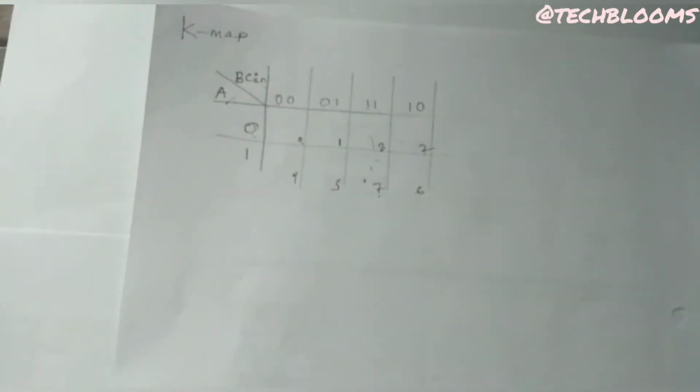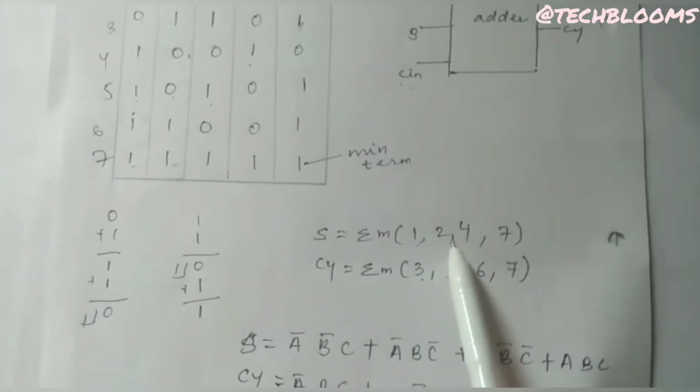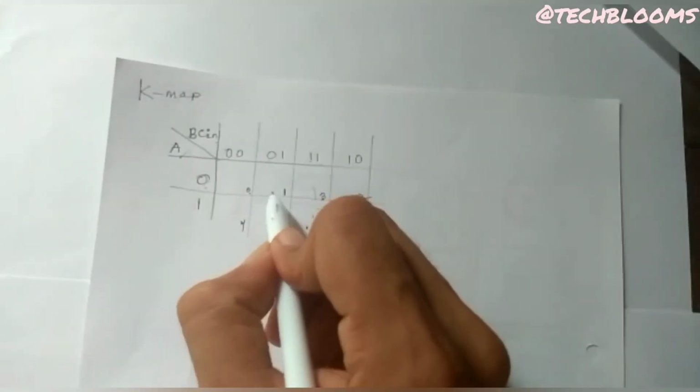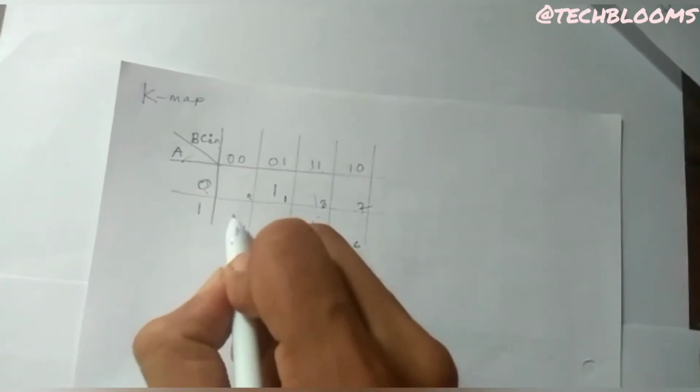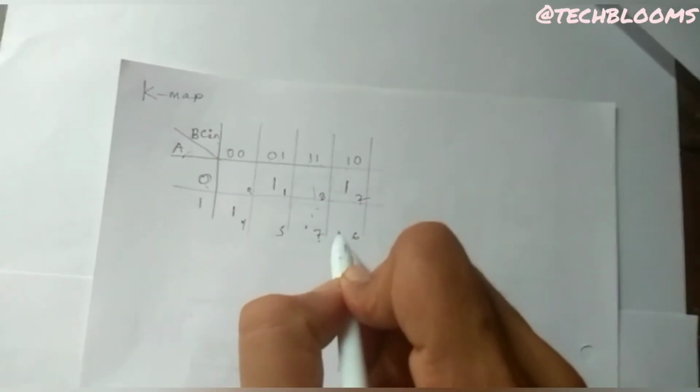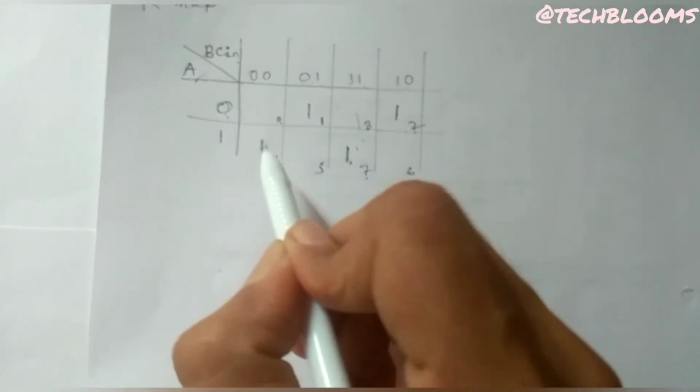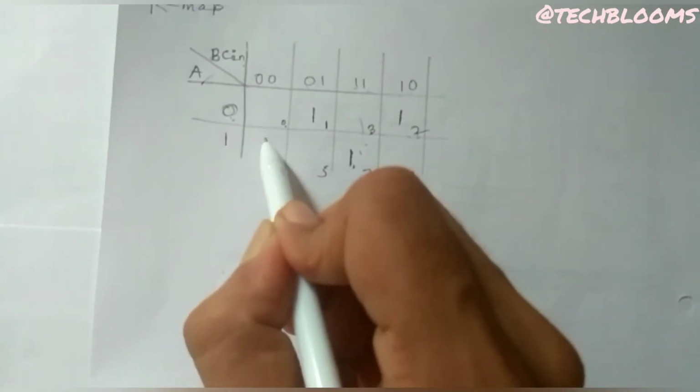From here we can see we got 1 for 1, 2, 4 and 7 in sum. So we will write 1 for 1, 4, 2 and 7. In a K-map we can pair only 2, 4, 6 or 8 cells.